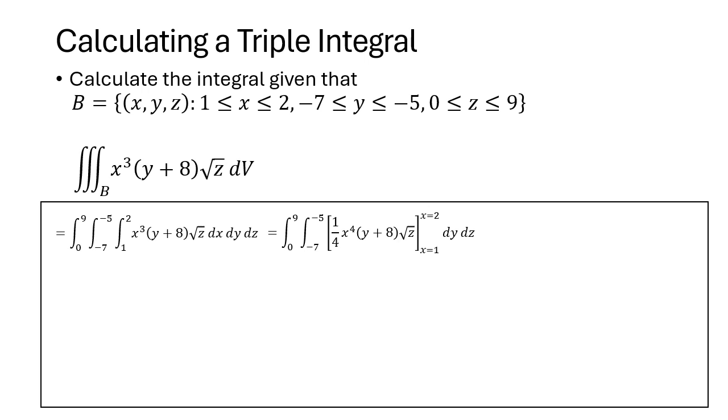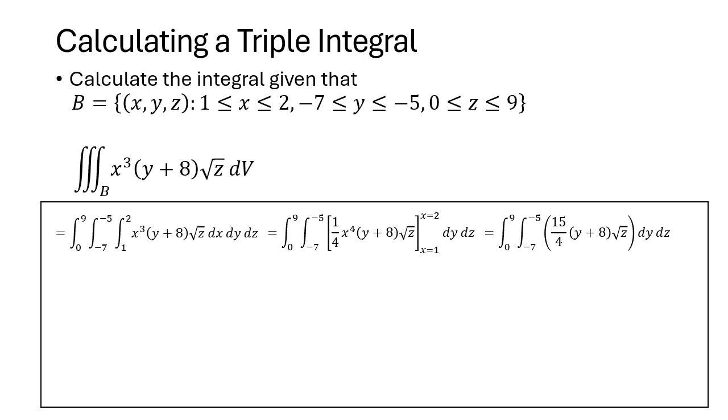And I will be evaluating this at x equals 1 and x equals 2, and as usual, I will be subtracting this. Doing this evaluation and subtracting results in 15/4 times (y plus 8 times square root z) dy dz.